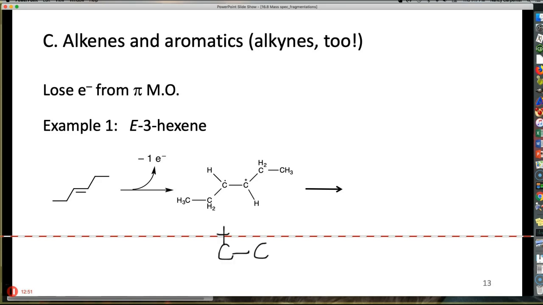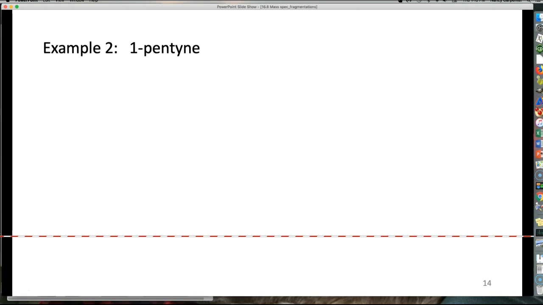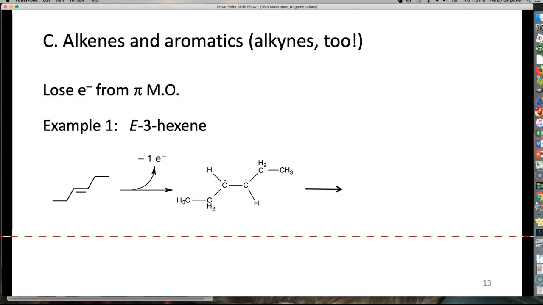And since this is a symmetrical molecule, it doesn't matter. In any case, what we would hope to see is fragmentation to give us some fragments detected in the mass spectrum.